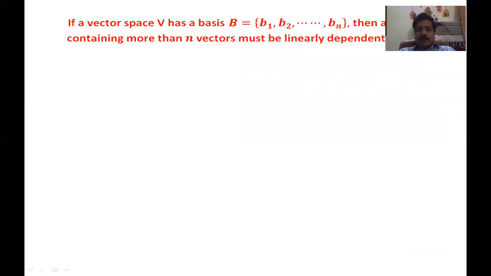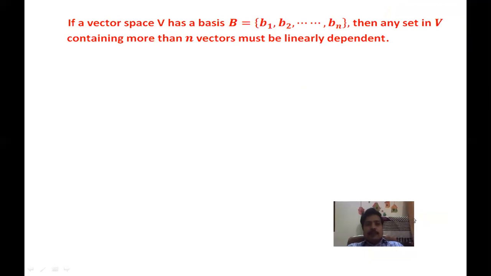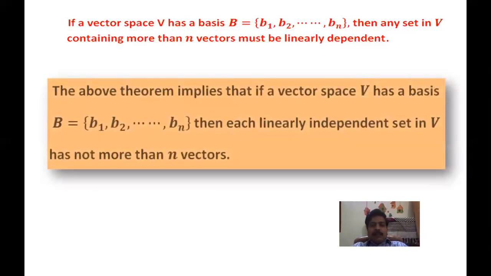We have seen some of the theorems and proof statements which can be used in solving the problems. This is one of them. If a vector space V has a basis B equal to b1, b2 and so on bn, then any set in V containing more than n vectors must be linearly dependent. And the consequence of the theorem is that if a vector space V has a basis B with n vectors, then each linearly independent set in V has not more than n vectors.